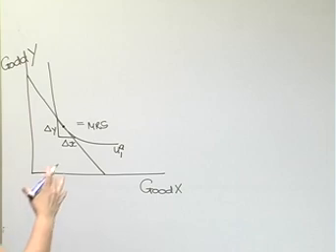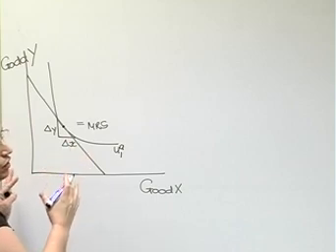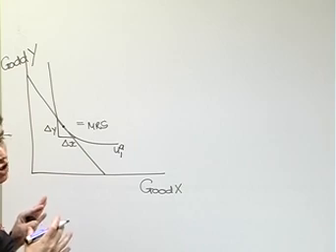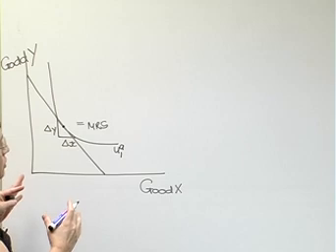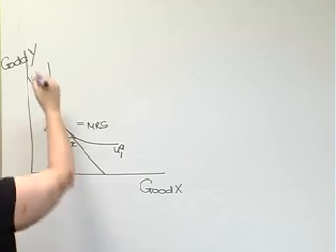Now if we go and transfer this again, you'll remember in the case of production we transferred it into an Edgeworth-Bowley box. We're going to do the same thing here.